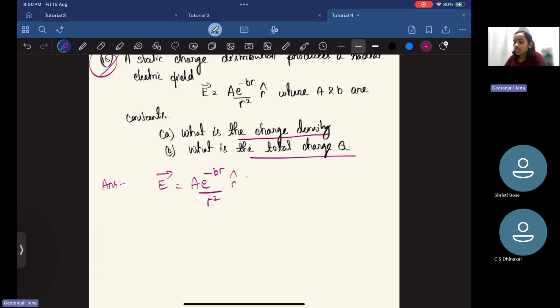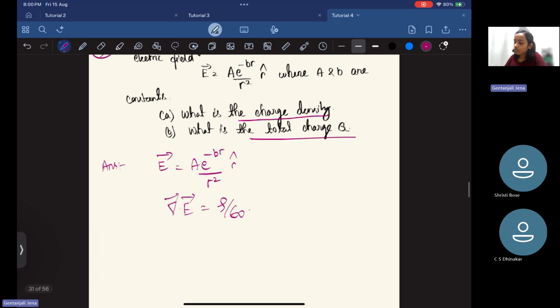As we have seen the same type of problem before, the step is to use the divergence, the differential form of the Gauss law. So divergence of E is rho by epsilon naught.